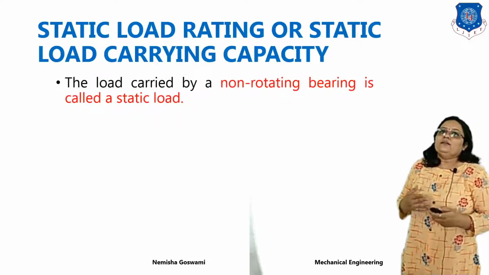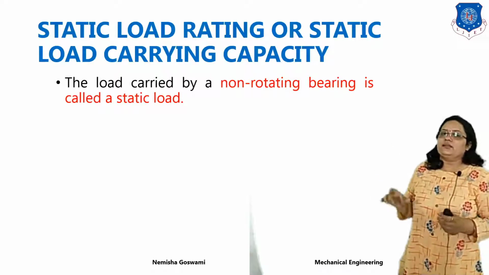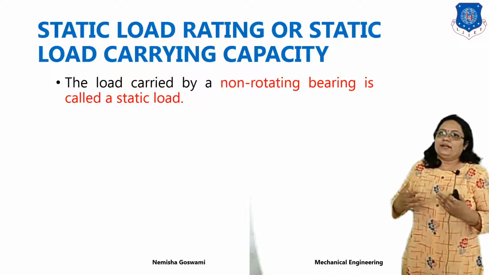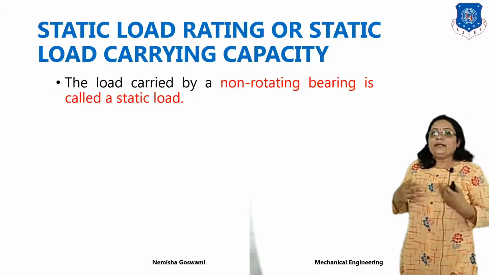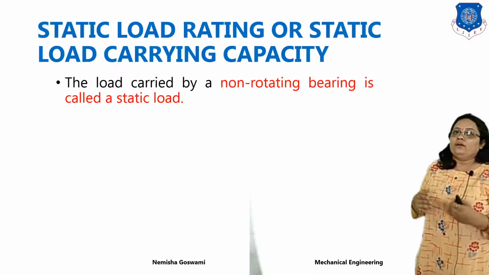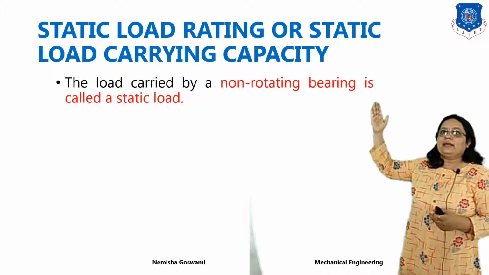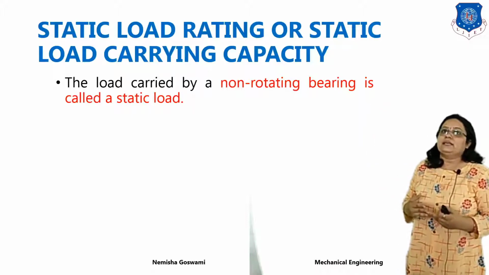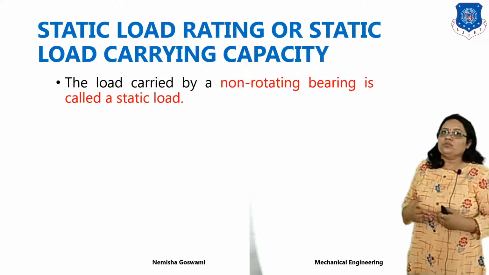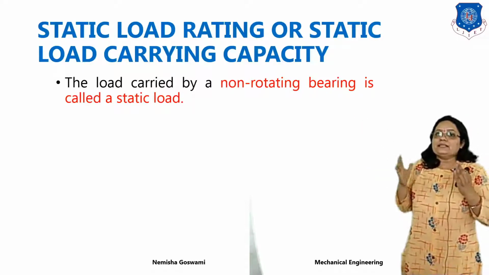Next is classification, and your selection is completed: on what basis you have to select the different types of bearing. Now, the next point is that you have to calculate your static load carrying capacity, also known as static load rating.